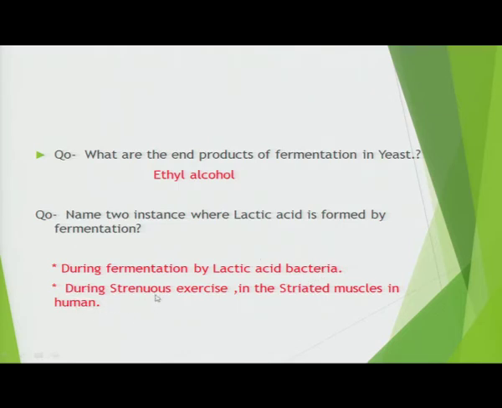The second instance is during strenuous or vigorous exercise, when sufficient oxygen is not obtained by the organism, so the striated muscles accumulate lactic acid. So these are the two instances: the formation of curd, and vigorous exercise, where lactic acid accumulates inside the muscle cells or striated muscles.